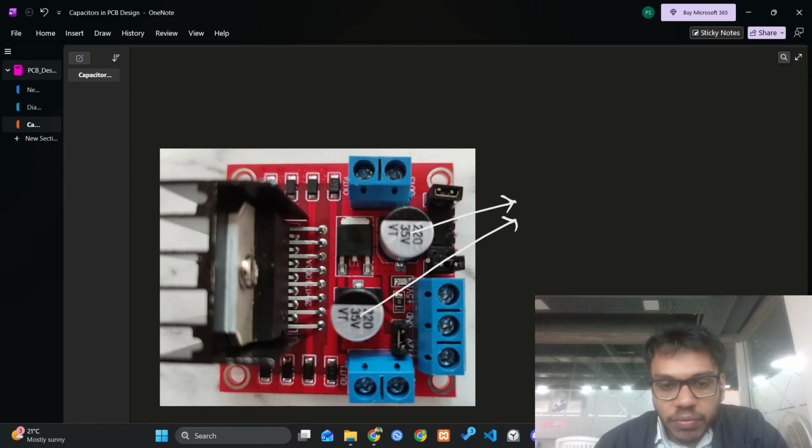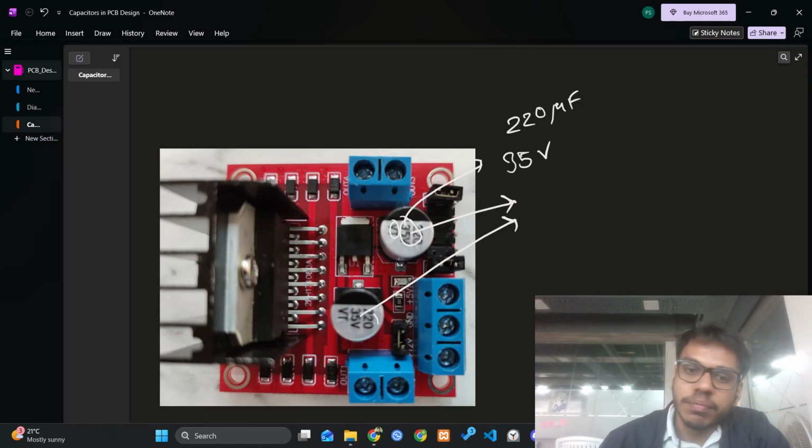In case you're wondering, this 220 is the value of this capacitor, so it's a 220 microfarad capacitor. This 35 volts means it's the voltage that it can operate on, up to 35 volts. And this VT is just some manufacturing number that they use. So these are bulk capacitors, slightly different from the decoupling capacitors that we have just seen.